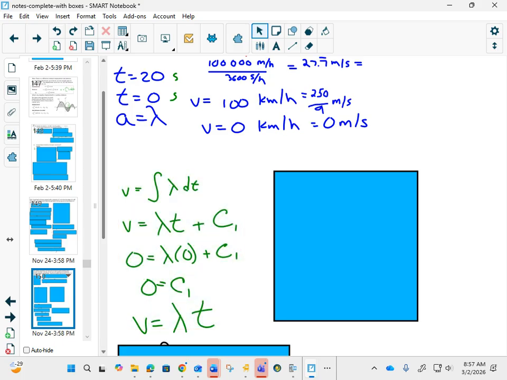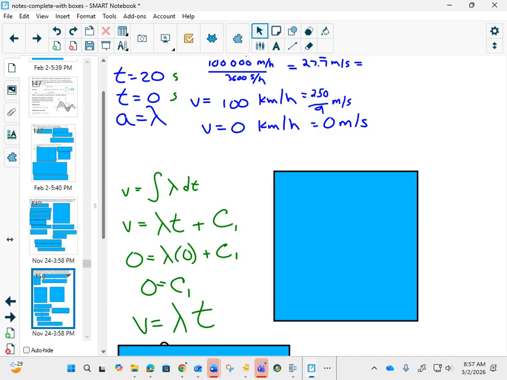But we know that the integral of acceleration is our velocity. If you want to use k instead, this upside down y is kind of weird. But you're just going to have whatever it is: if it was a 3, 3t; if it was a 10, 10t; if it's k, kt; lambda t, plus c1.